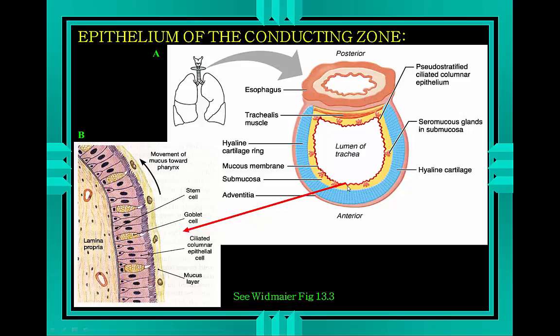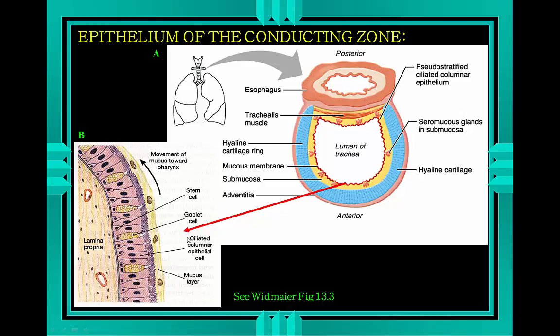If we look at the inner surface of the trachea, in pink we have the smooth muscle, in blue we have the cartilaginous rings or horseshoe-shaped structures, and if we look at the internal lining of the trachea in a bit more detail, we need to focus our attention on the bottom left-hand side of this diagram. We see that it's made up of a number of cells.